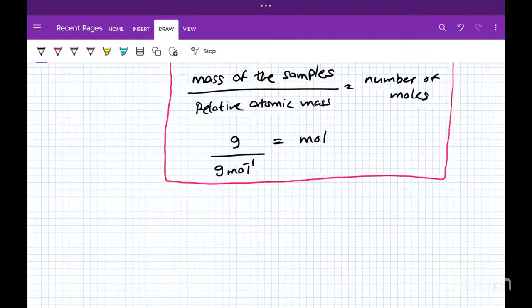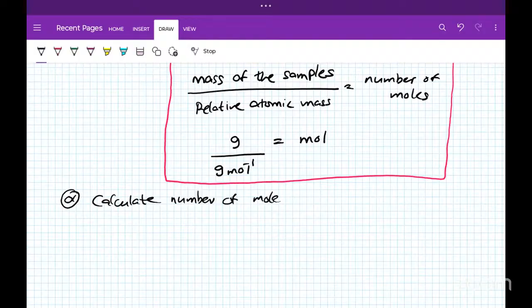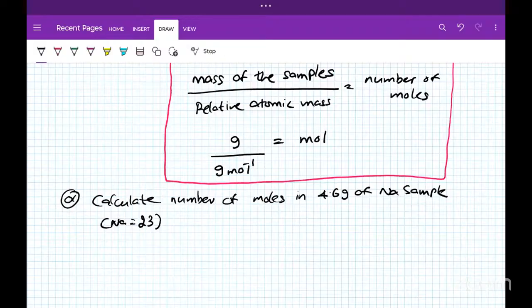Write down example number 1 under this one. Calculate the number of moles in 4.6 grams of Na sample. Na is 23.